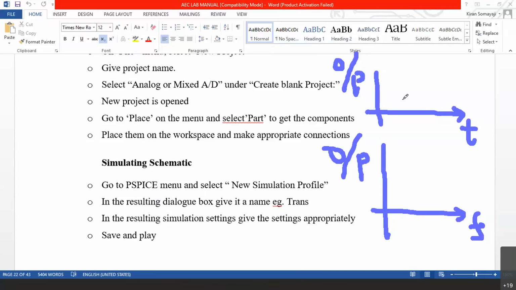Now, in the curve which I have shown on the top, what are you going to see here? And the curve which I am showing at the bottom, what are you going to see here? Can anyone tell me? What are we going to see when the x-axis is time? What are we going to see when the x-axis is frequency?